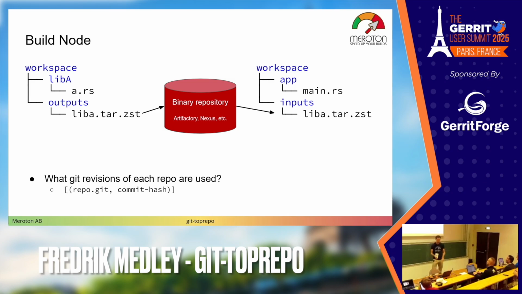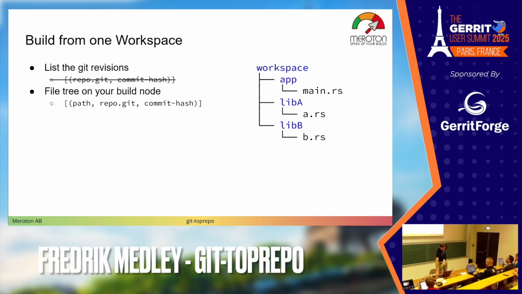So usually you do maybe a Jenkins job or something else, and I have a workspace building my library A, and I store it in some Artifactory, Nexus, whatever, and then I download it to the next workspace and I build my application. What I really want to know to reproduce this build is what commits were used when building.